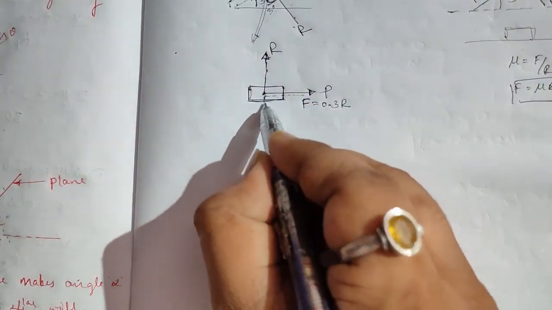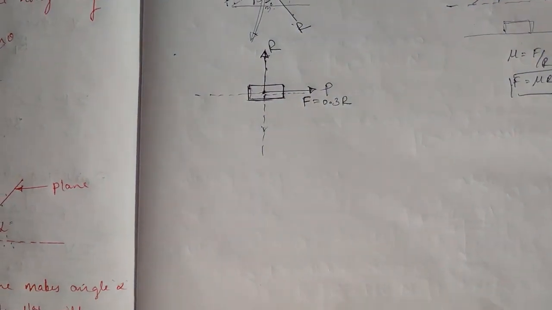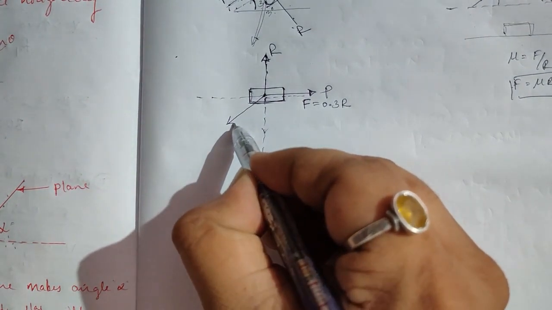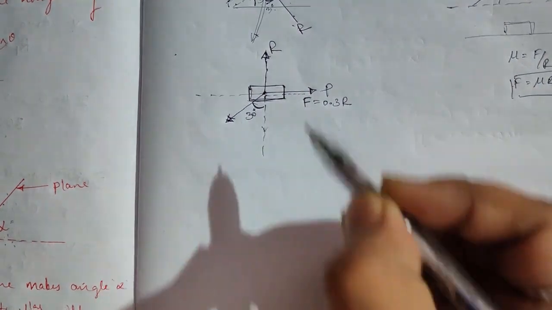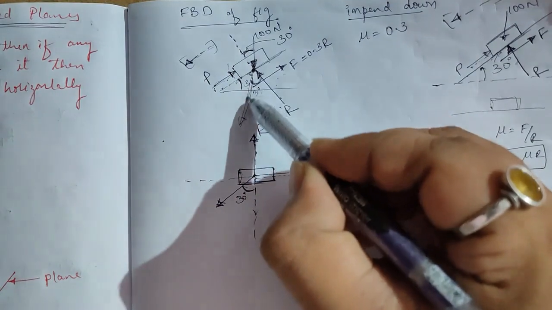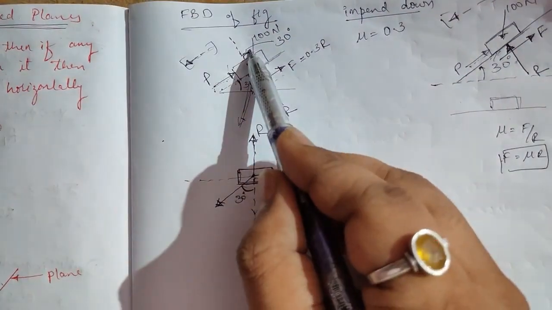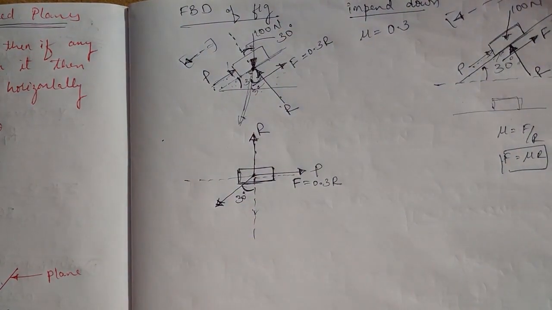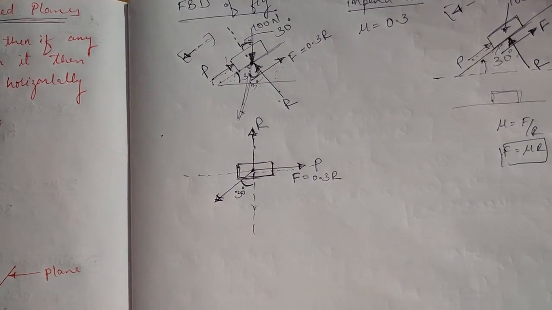If I introduce the axis, then your 100 Newton will be here with angle 30 degree, correct? How? This angle is 30 degree, so this angle will be 30 degree due to opposite angles. In the note I had told, if this is 30, this also is 30. Note point number 3, correct?